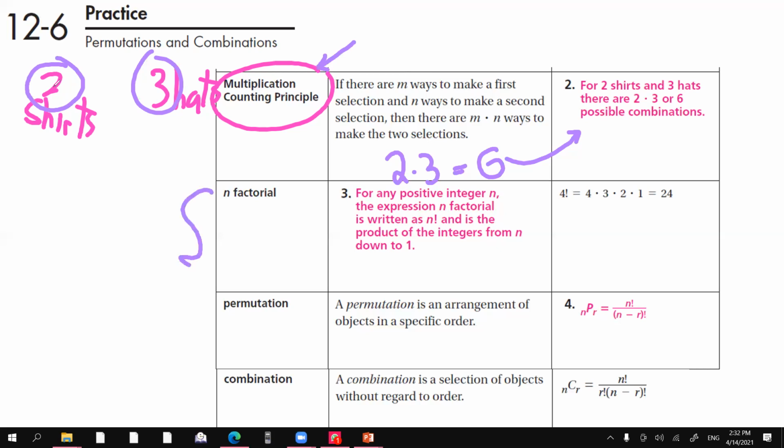If I want to arrange, or select, or choose, I can give you another word.